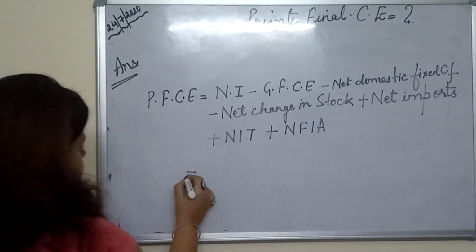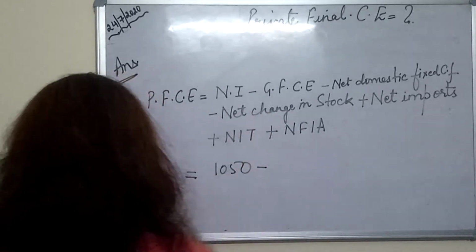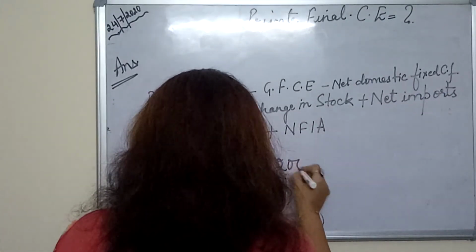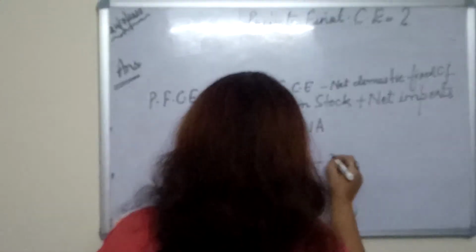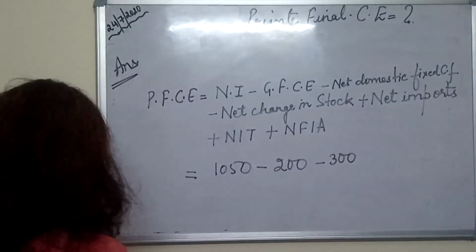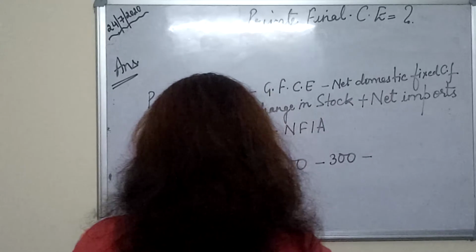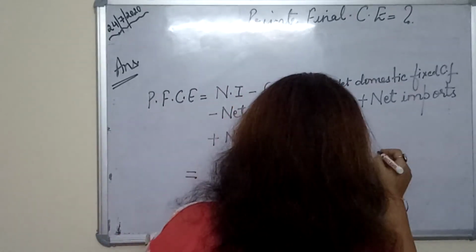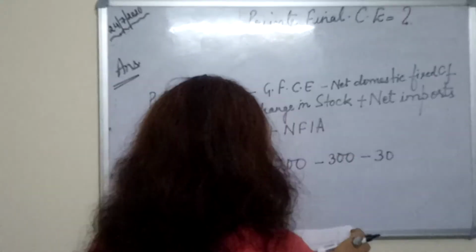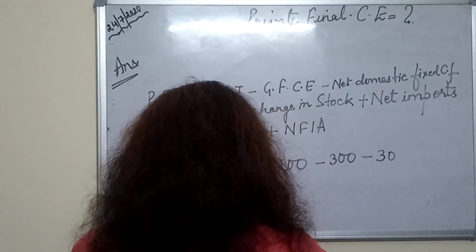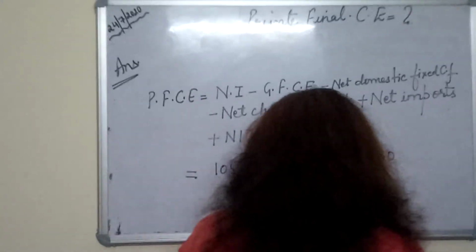Now we will just put the values in this. National income is given as 1050, minus 200 which is given as government final consumption expenditure. Net domestic fixed capital formation is given as 300, minus net change in stock which is given as 30, plus imports.